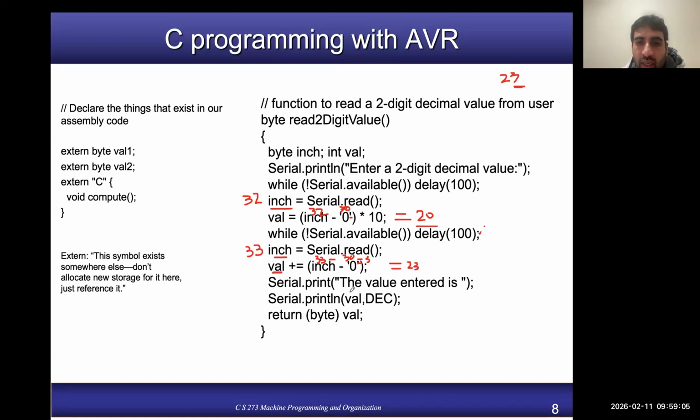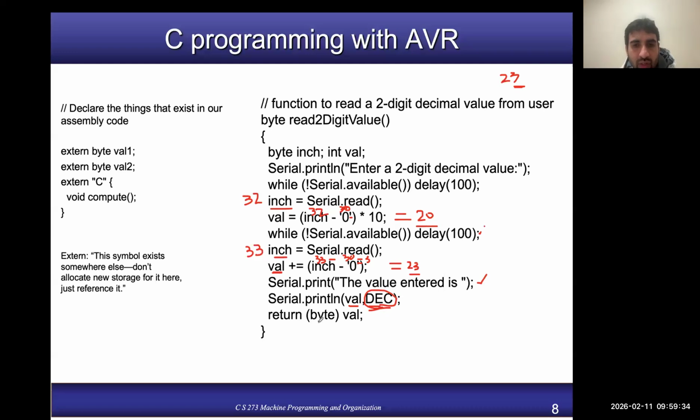And then you are printing the value. So this language again prints on your console this message: the value entered is this value, whatever value this is, and here you are specifying the base of the value. This line will print 23, and you are saying that the value I'm specifying is in the decimal system. So it will print the message, the value entered is 23, right?